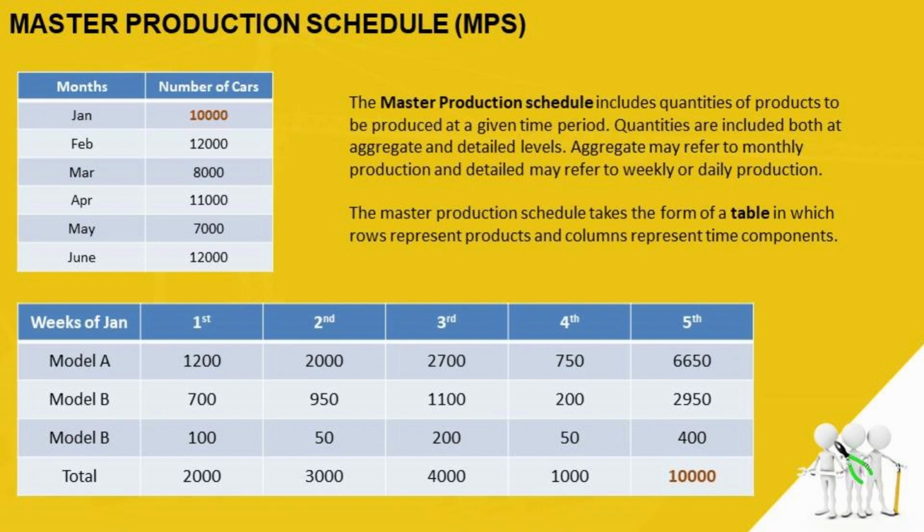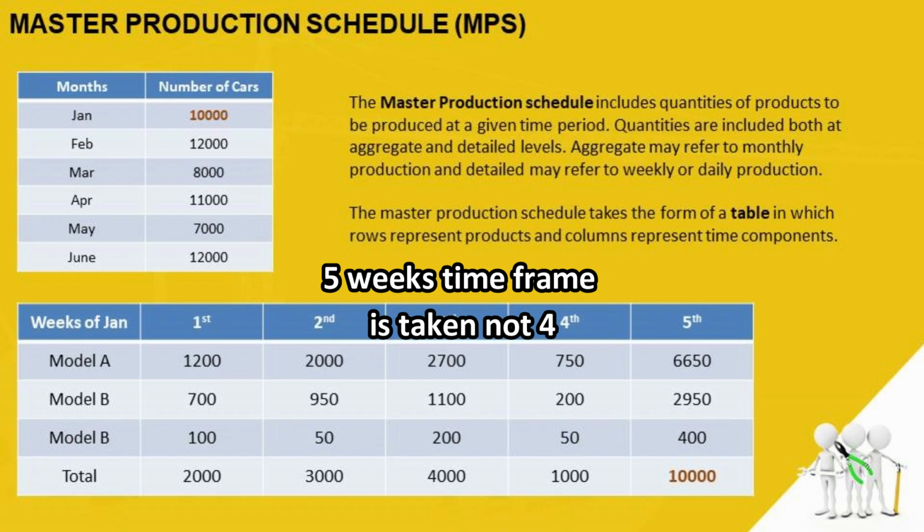Let's make an MPS for the month of January, in which the target number of cars is 10,000. So we will bifurcate January into 4 weeks basically.